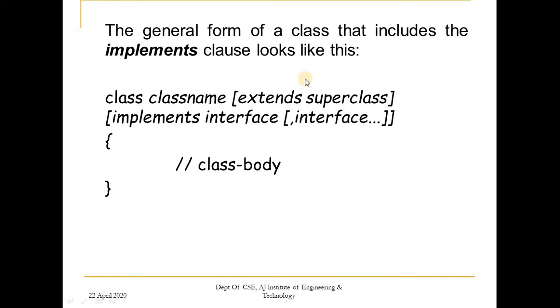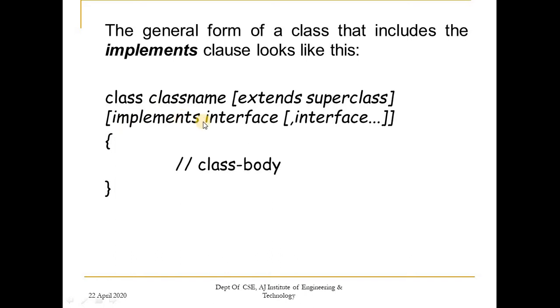That is, only if the class is a subclass of any other class do you use the keyword extends and the superclass name. Then the keyword implements and the set of interfaces that this class is going to implement. So one class can implement two or more interfaces.